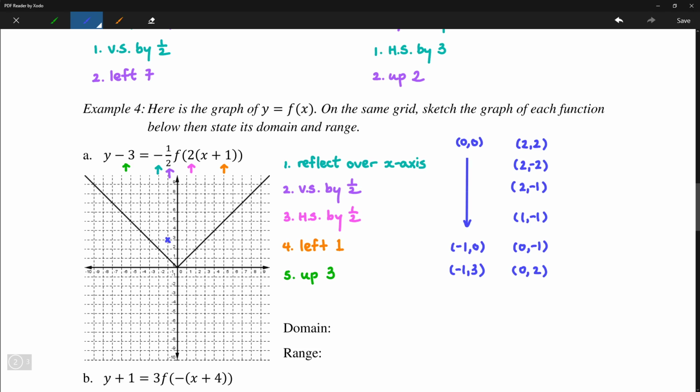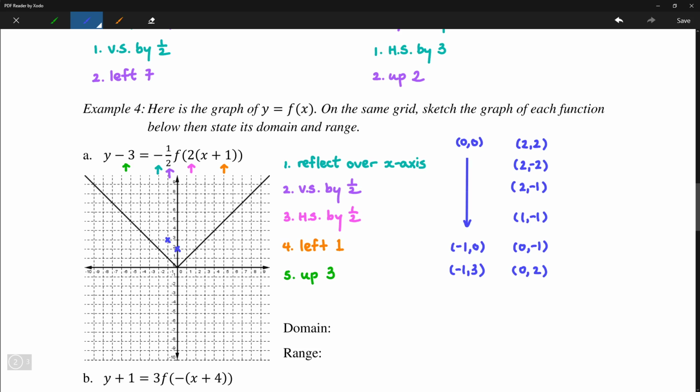Is that right? That doesn't look right. Vertical stretch by 1/2. Right, okay, so that works. Okay, so let's look at just one more point.